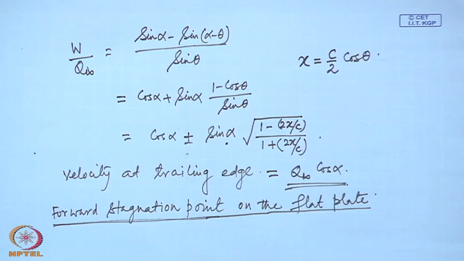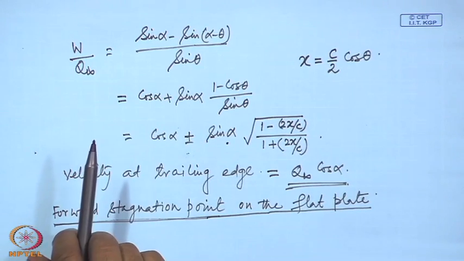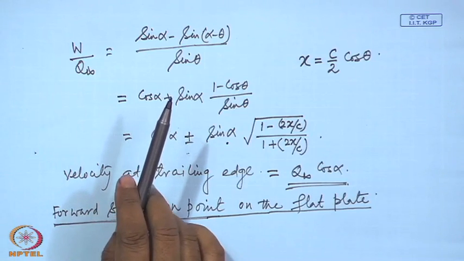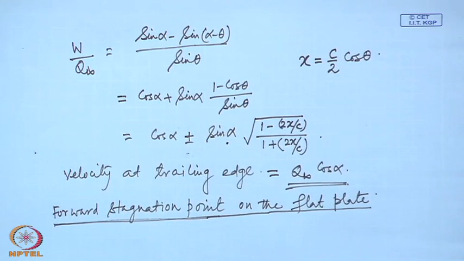Or let us say forget this, perhaps this is easier. W equal to 0 for what value of theta? Solve this.